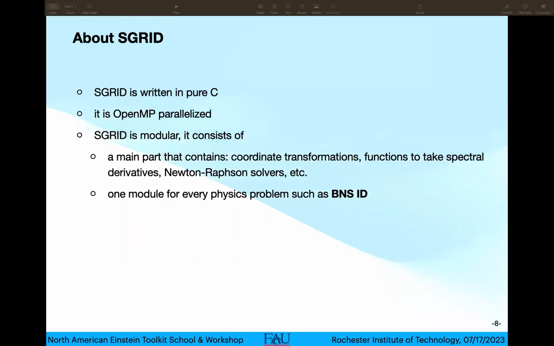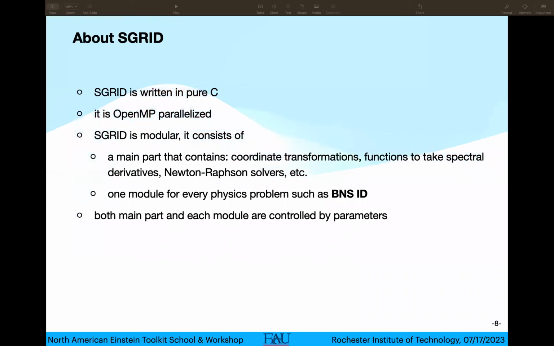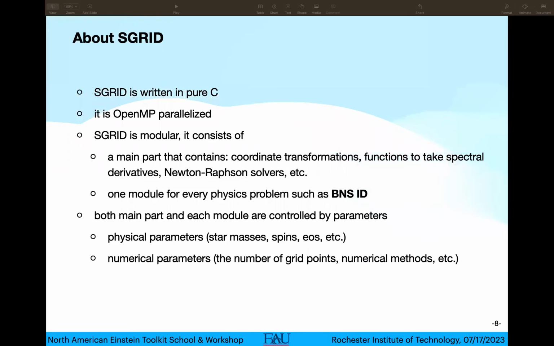But this second component could actually be anything. You can incorporate any physical problem into this model instead of binary neutron stars. And actually, I'm going to discuss this kind of toy model in the next slides. So both parts, the main and the module, are steerable by parameters. We need to impose some physical and some numerical parameters to make it work.